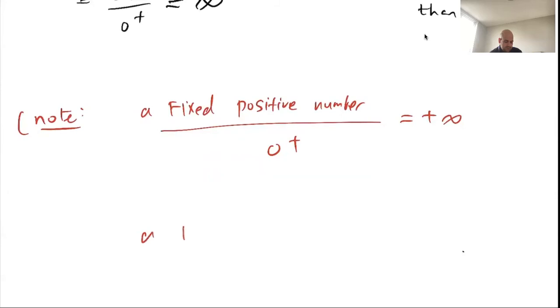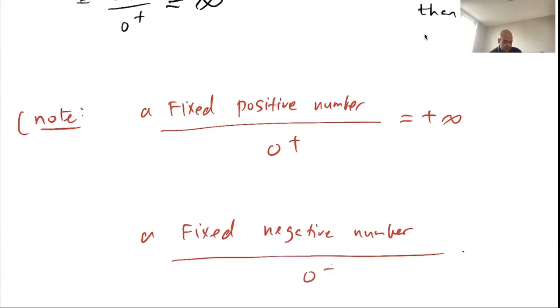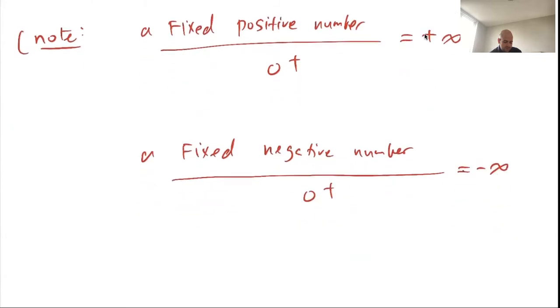Similarly, a fixed negative number over 0 plus is minus infinity. For example, minus 6 over 0 plus, this is minus infinity, because minus 6 over 0 plus means like minus 6 over 0.1 or minus 6 over 0.01. So the answer will be like minus 60 or minus 600, minus 6,000, which will be minus infinity.